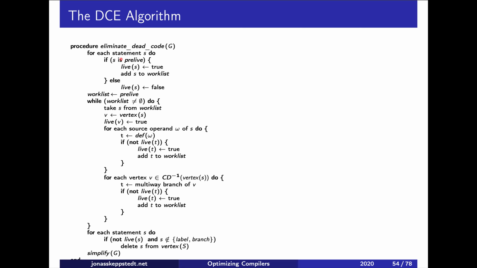What we do is check if a statement can affect output, such as a function call, return, or write to memory. Then we set it to be live. Otherwise, we do not say it's live, and if it was live, we put it in a work list. Then we go through this work list and mark operands and put them in the work list as well.